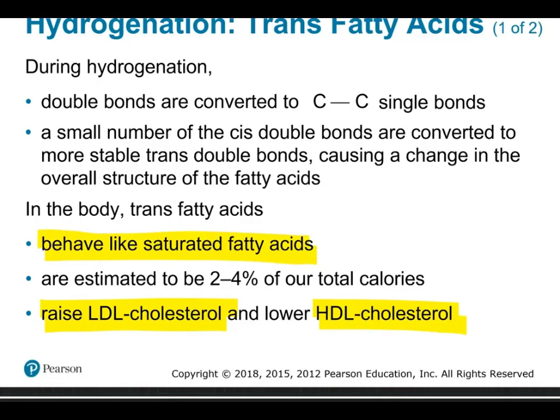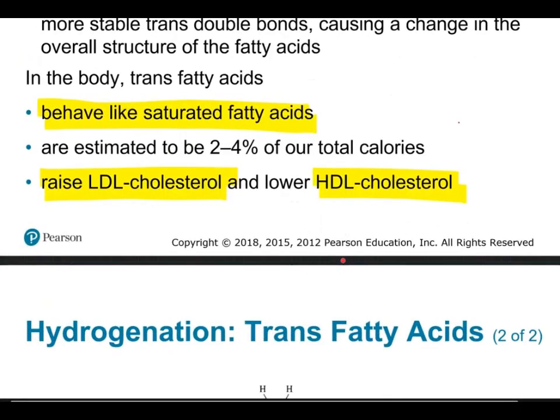Usually, they have slightly different names. So this is bad cholesterol, and this is good cholesterol. Okay?